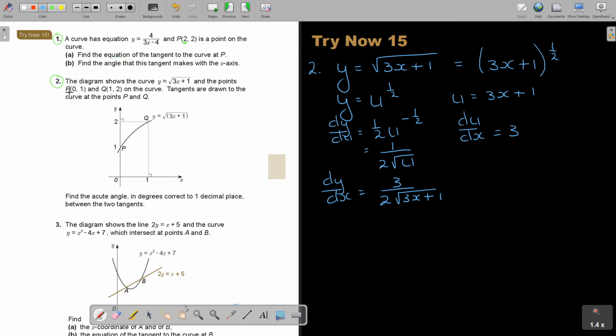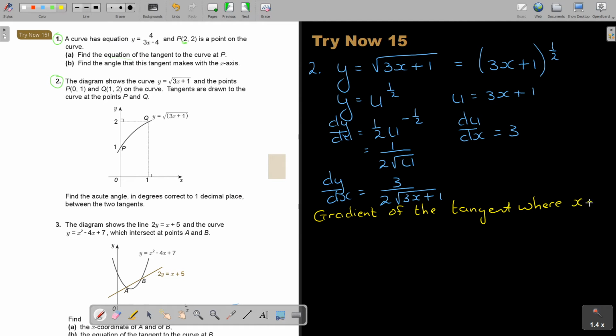Now, let's first get the angle at the point P. So let's say gradient first. Before we come to the angle, the gradient of the tangent where x is 0.